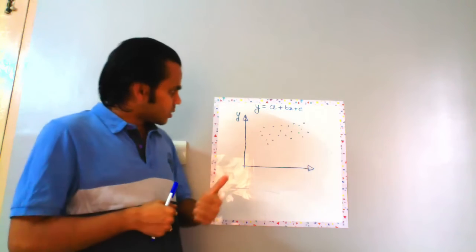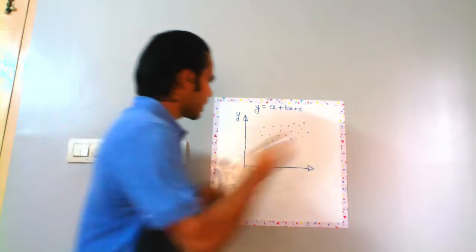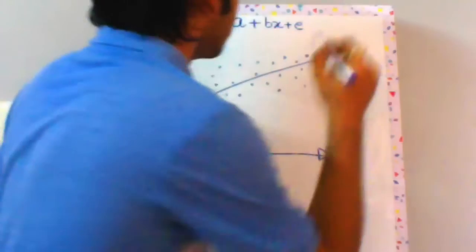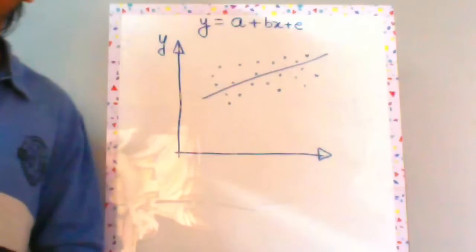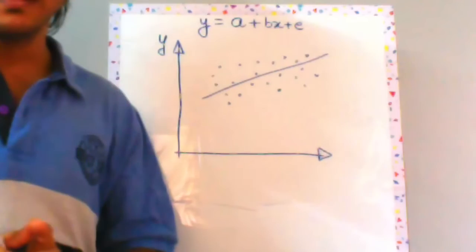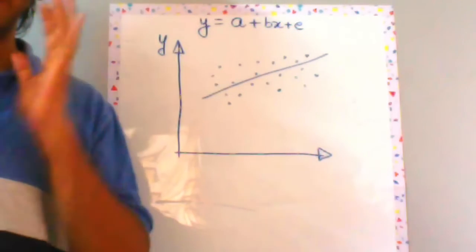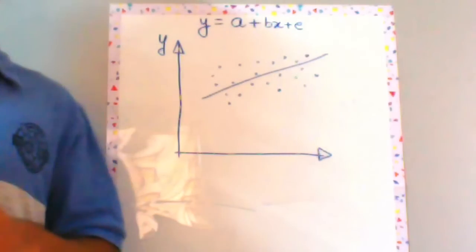So, to get the essence of this, we need a kind of line passing through these points on the scatter plot. Now, to find this line, what we need is a line which minimizes our error. And what is the error in this situation?